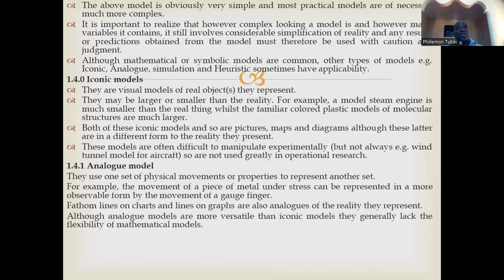When we are teaching molecules in class, for example, we use bigger, larger diagrams to illustrate a molecule when we know very well a molecule is minute, very small. You can't even see it with your naked eyes. Both of these are iconic models, and so are pictures, maps, and diagrams, although these latter are in a different form to the reality.